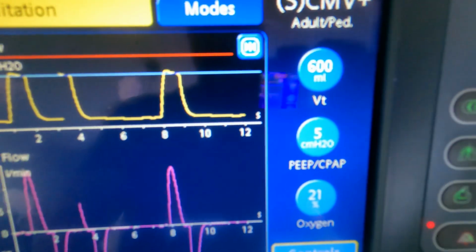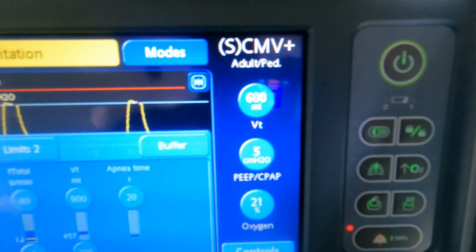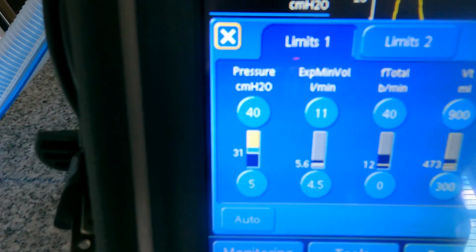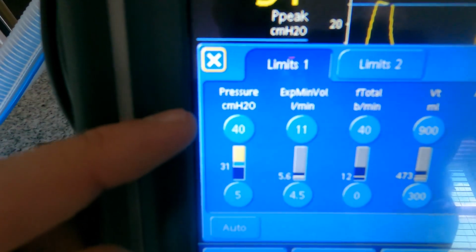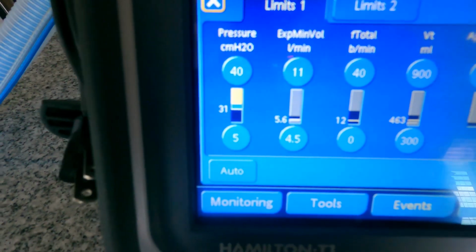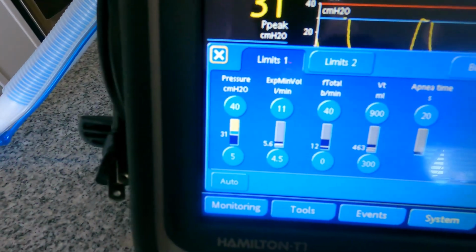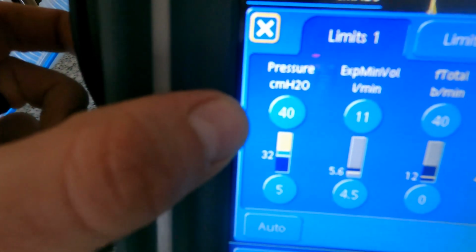So in order to do that, we are going to go into alarms. And here, this first bar on the left is our pressure. Remember, the vent will never give a breath at your high pressure limit, so your high pressure limit is 40, so it will never deliver a breath greater than 35. So it's always going to be 5 less than whatever this top number is.